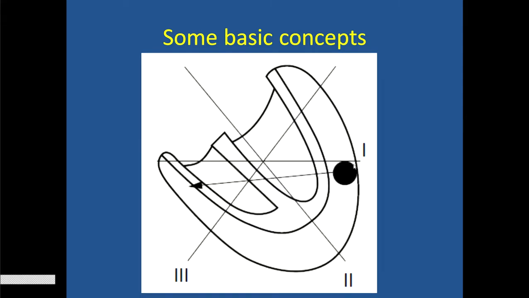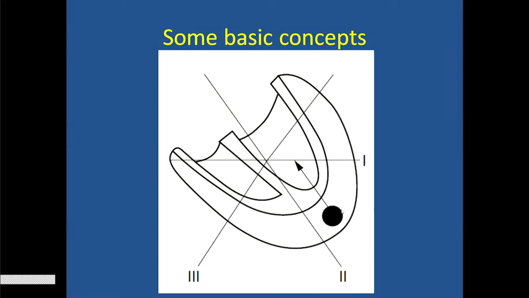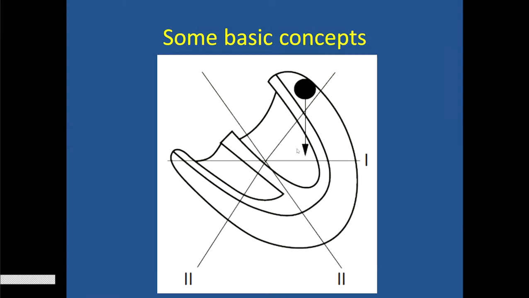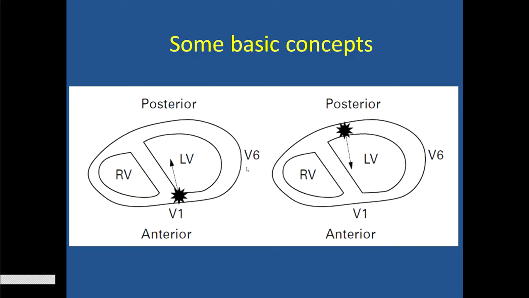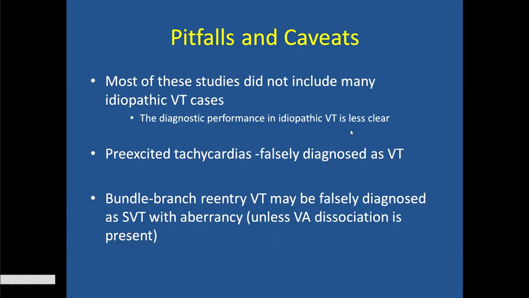So septal, lead 1 positive; lateral wall, lead 1 negative, because the forces are going away from the lead. Apical, again you expect the inferior leads to be negative, and if it is basal, superior, the inferior leads are positive. These are basic concepts, and if the exit site or the focus is anterior, you expect a negative concordance. If it is posterior and basal, you expect a positive concordance.